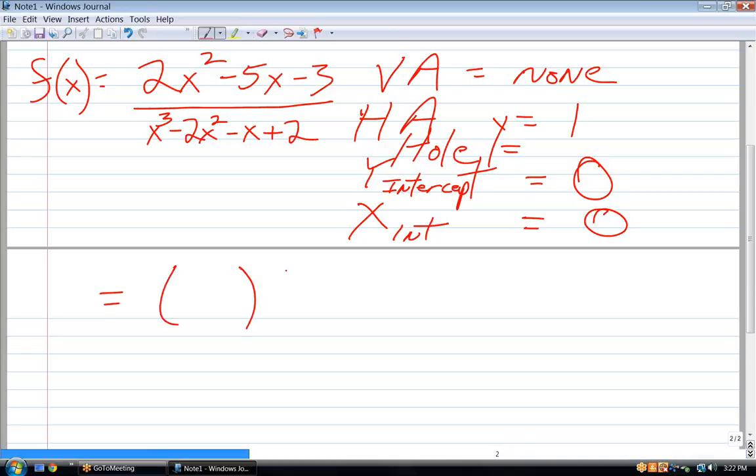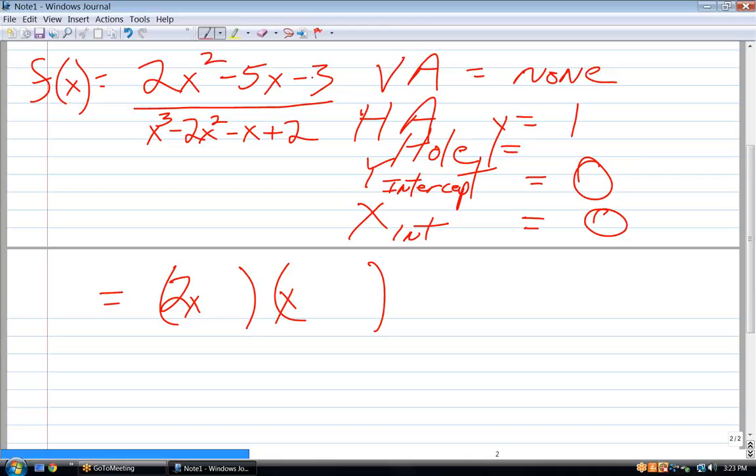Well, let's start with the numerator. What do I know about the signs? They have to be opposite.